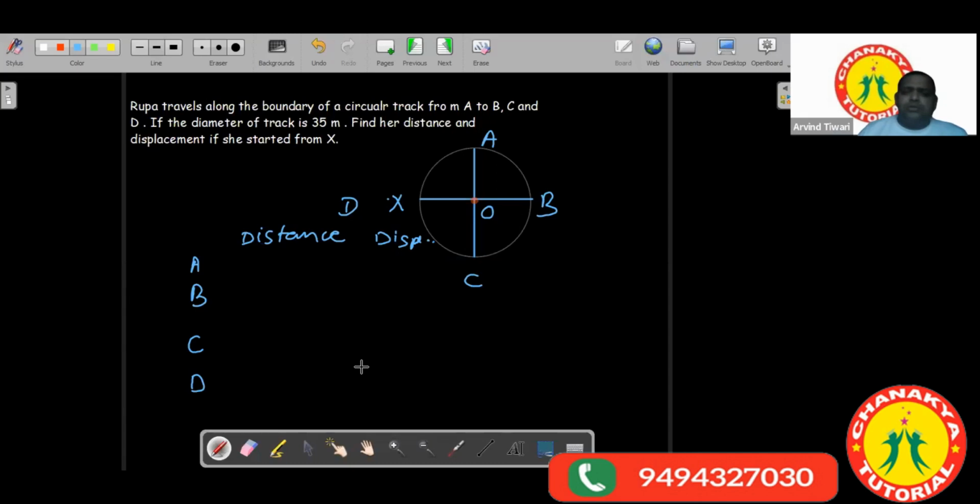Okay. So who has got the values for distances and displacements? Anyone?